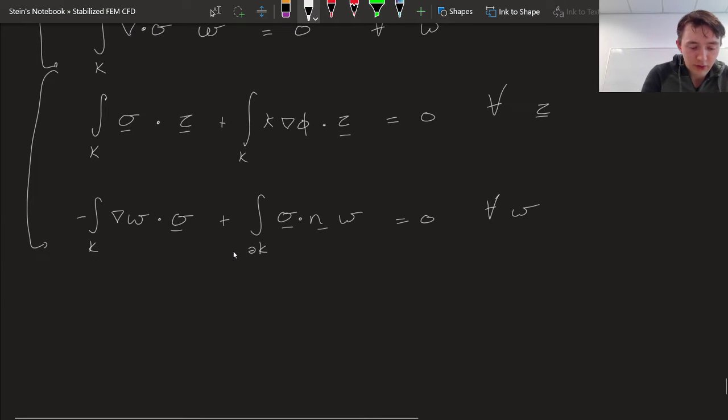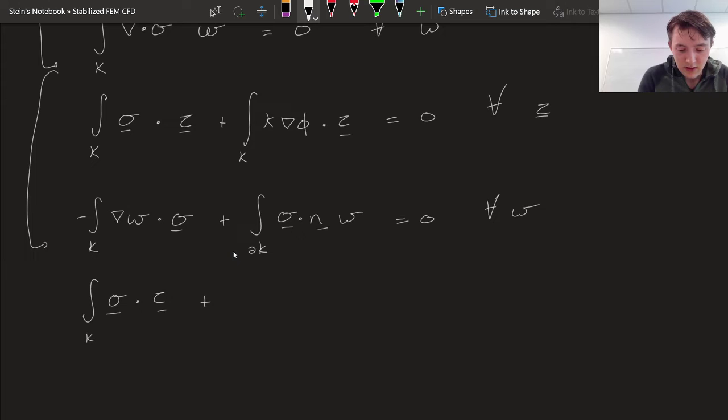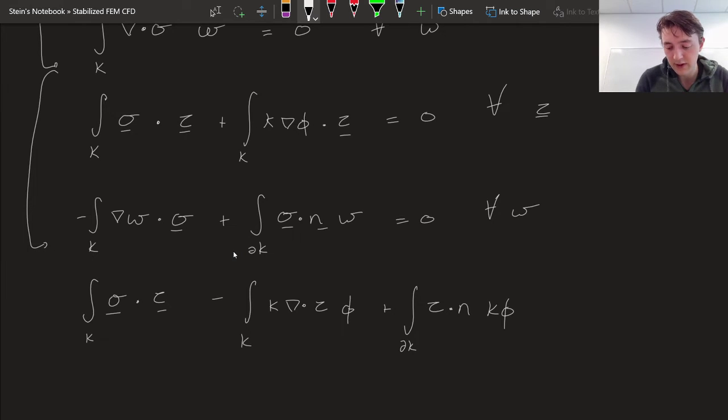So the second term, of course, we get something similar. And our integration by parts formula would be, minus integral over k of kappa divergence of tau phi, plus integral over partial k of kappa tau dot n times phi.